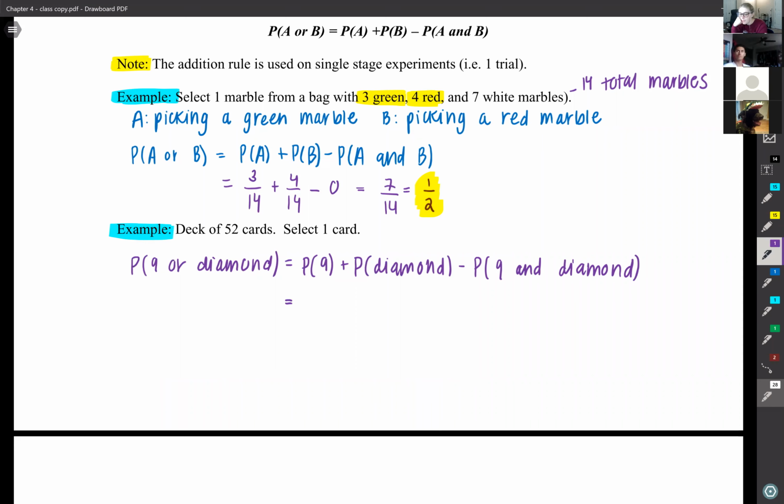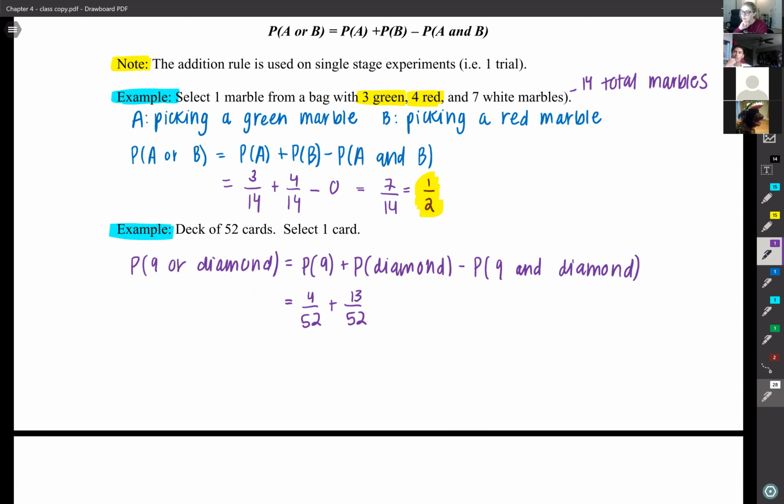All right, so the probability of picking a 9 out of a deck of 52 cards, there are 4 9s in that deck. So that probability is going to be 4 over 52. Okay, and the probability of picking a diamond, there would be 13 diamonds in the whole deck. So that's 13 over 52.